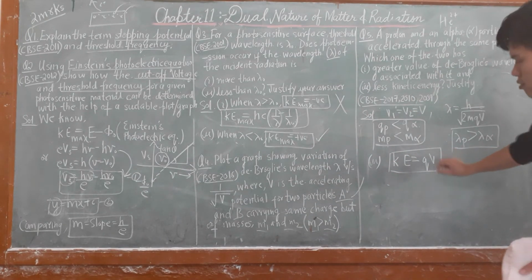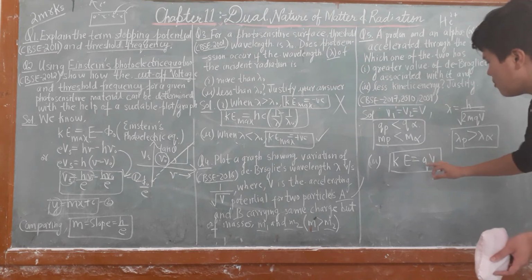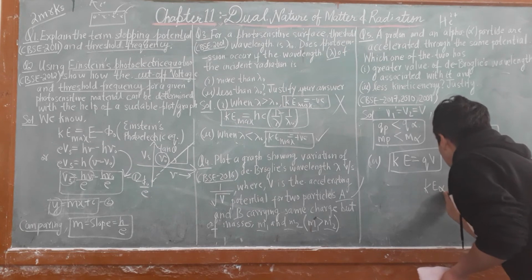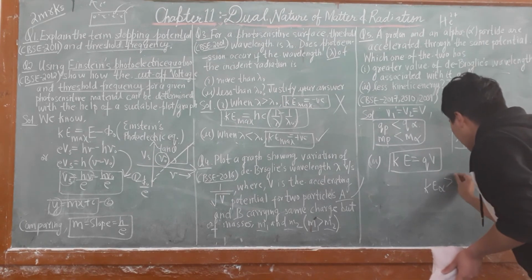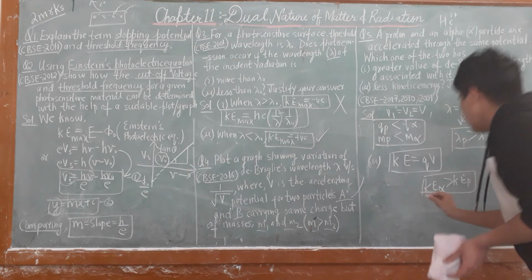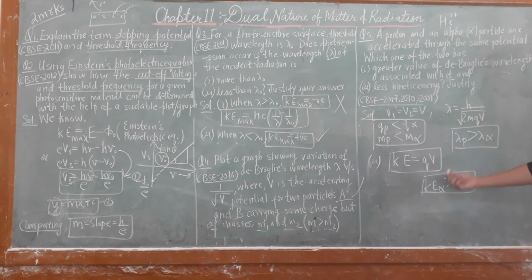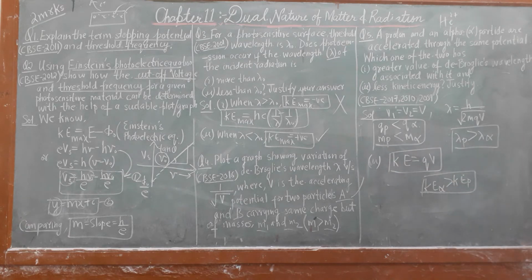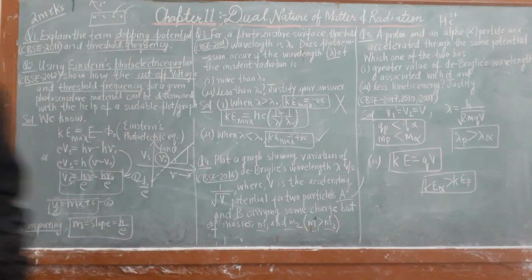Now the potential is constant, so the kinetic energy of alpha particle is greater than the kinetic energy of proton, because the charge of alpha particle is double that of the charge of proton. This is the formula, okay.